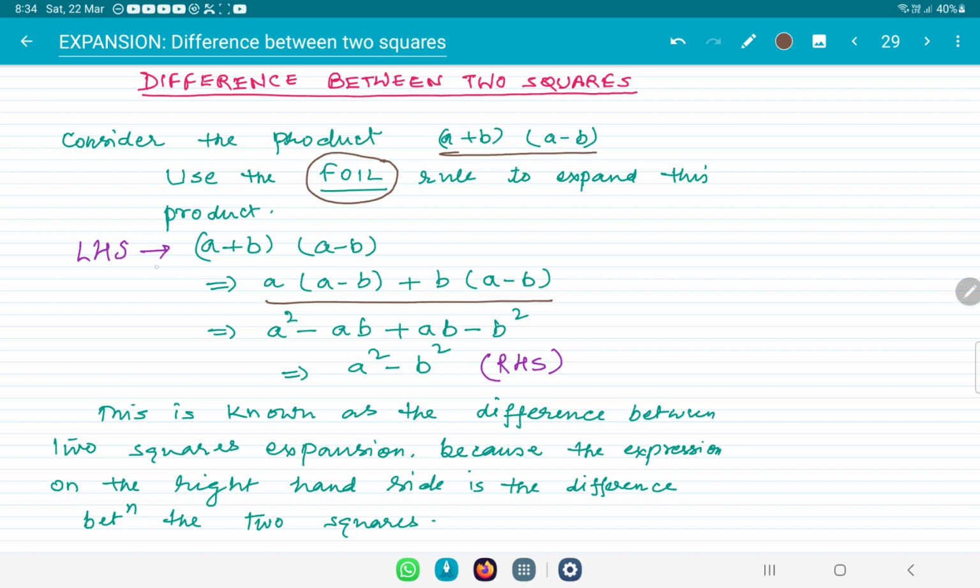Here a plus b and a minus b are in brackets on the left hand side, and we want to obtain the result by multiplying these two values. So a multiplied by (a minus b) plus b multiplied by (a minus b), where a minus b is in brackets.